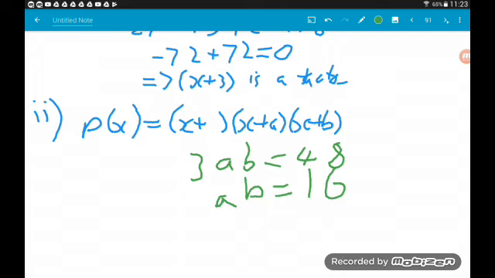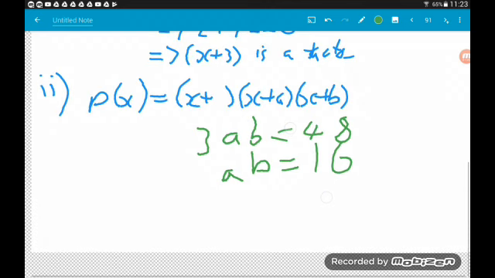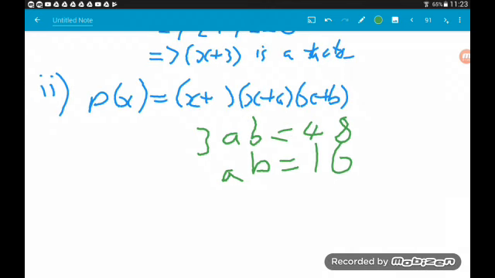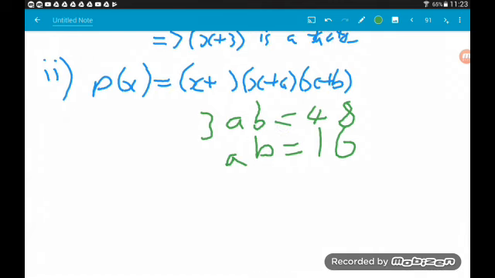Now, this is the second cut of me doing this. I know that 1 and minus 1 don't work, so I'm not going to try those again. So let's try 2.